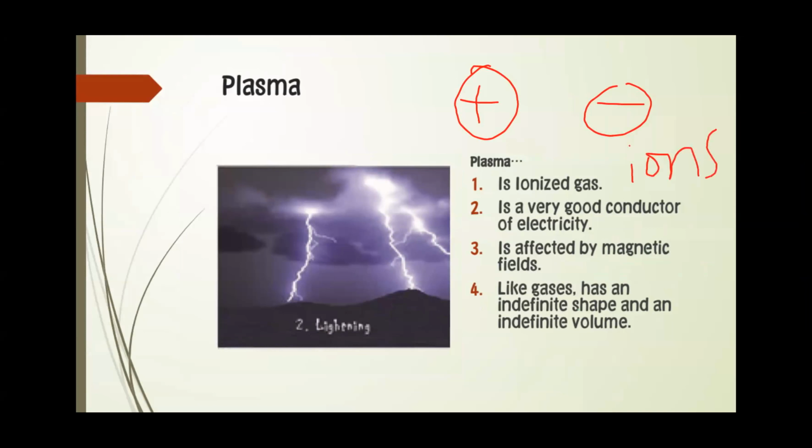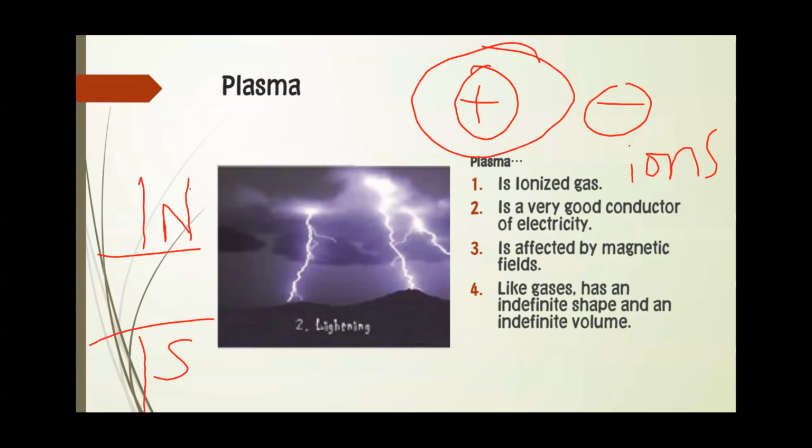If something is separated into positive and negative ions, that means that when it enters a magnetic field or an electric field, remember a magnetic field has a north and a south. So if the plasma has a positive charge, it will be deflected. Deflected means that its direction is changed towards the south pole of the magnetic field. That is the effect of magnetic field on plasma.